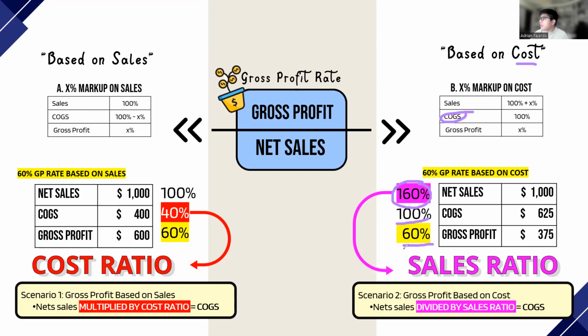And this is what you call your sales ratio. And yung sales ratio, you get the COGS by net sales divided by sales ratio is equal to your cost of goods sold. And therefore, yun yung two types of estimating under gross profit method.